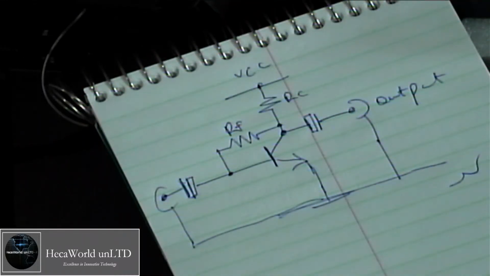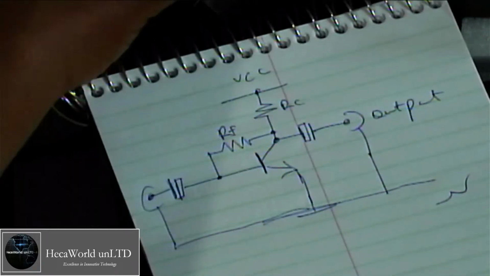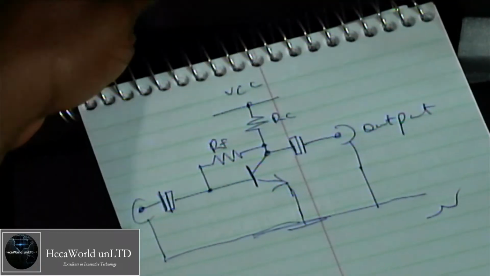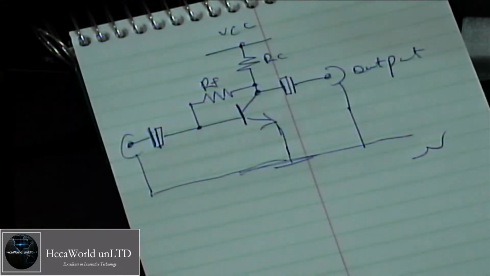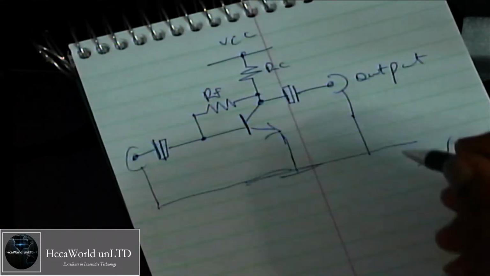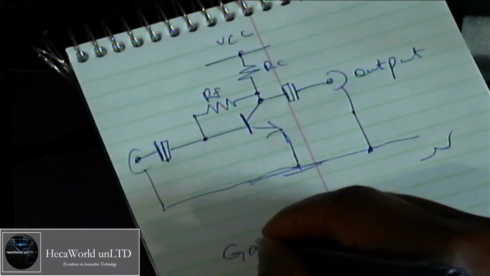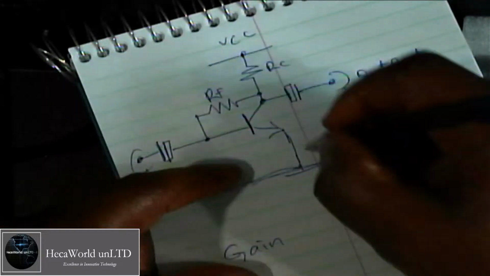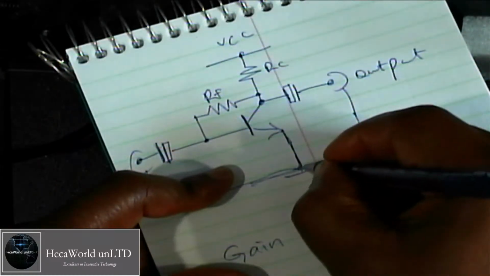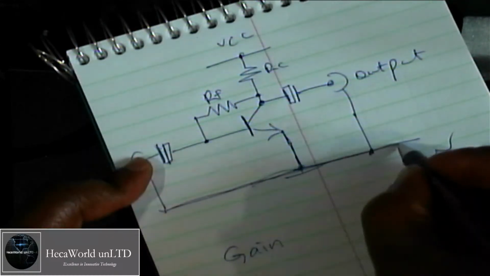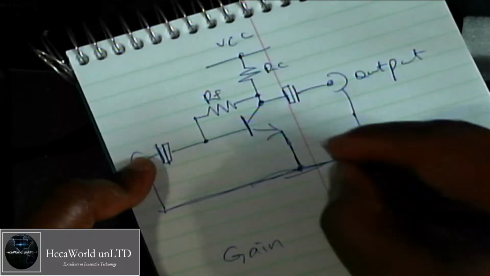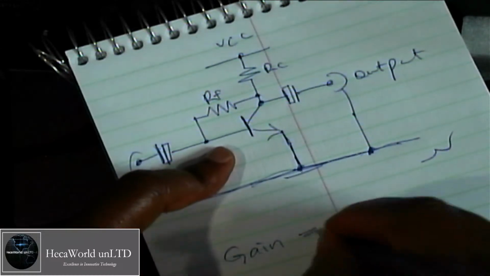So this is the amplifier we're going to be using. We've built this amplifier several times in the past, but here we're going to give you a rough idea of how to calculate the gain of this amplifier. Basically the gain, and this is rough, it's not 100% accurate, but it's close enough because we're going to use some approximations.